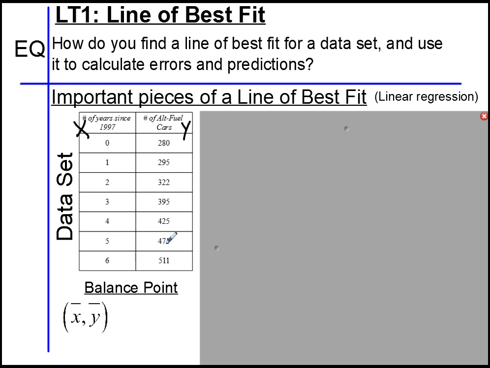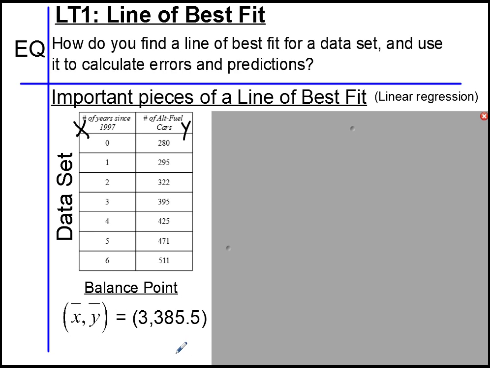We take all the Y's, we add them up, and we divide by 7. And if we do that, we end up with a point that perfectly balances all the numbers. It's kind of like right smack in the middle. So the balance point for this data set is an x of 3 and a y of 385.5.